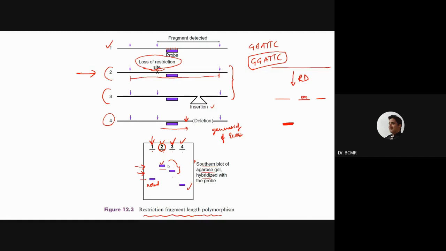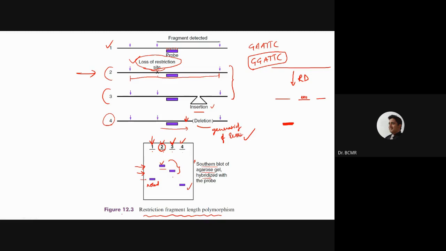I hope you remember where we have done epigenetics, methylation sensitivity and all. There, it is not about loss of restriction site, but about methylation of the restriction site or not. Here, it could be a large-scale mutation or a small-scale mutation. Small-scale mutation might be because of loss or generation of a restriction site. Large-scale mutation could be insertions or deletions.